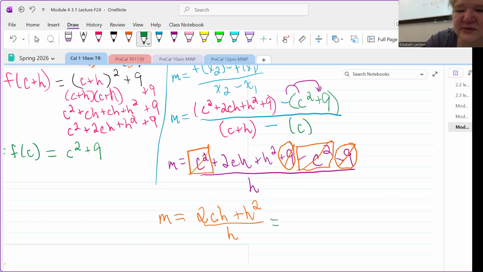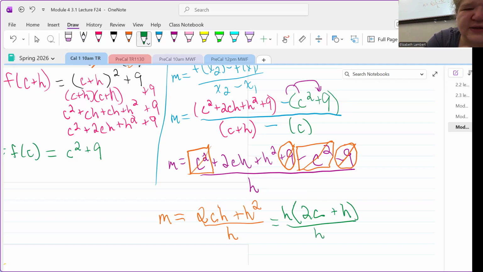Technically, when you cancel, the outermost operation should be multiplication and division. So I'm going to factor an h out of the stuff on top. So that'll leave me with 2c plus just a single h. If I distributed the h back, h times 2c is 2ch. h times h is h squared.